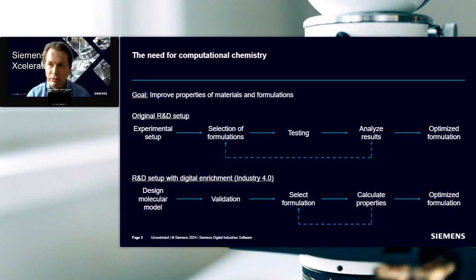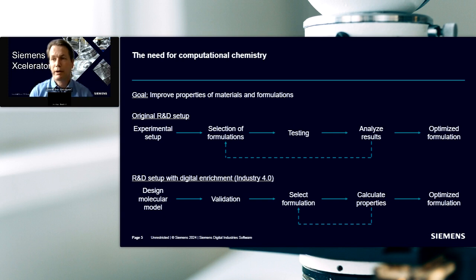However, what we try to do with our tools is to actually start off first doing a design phase, where you can have a quite large data set of formulations that contain all these different molecular species that are relevant for your application.